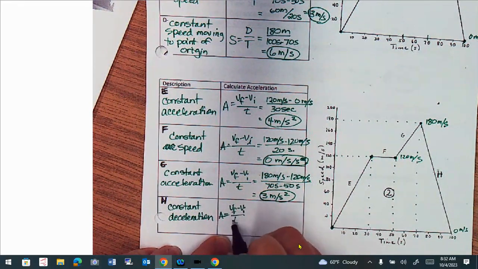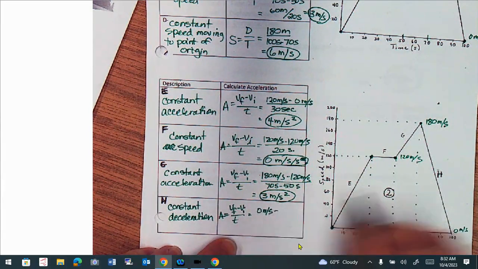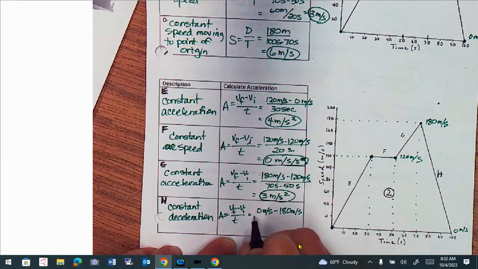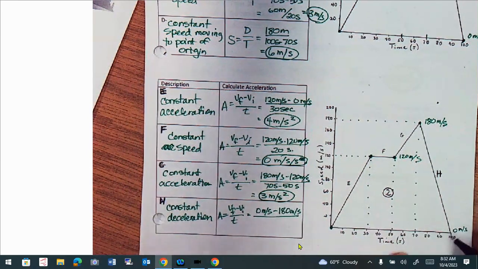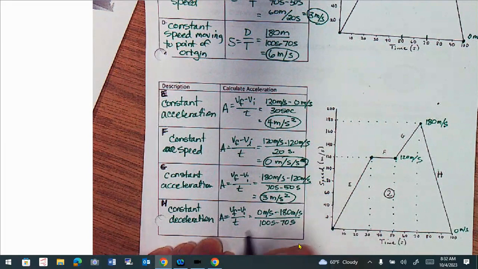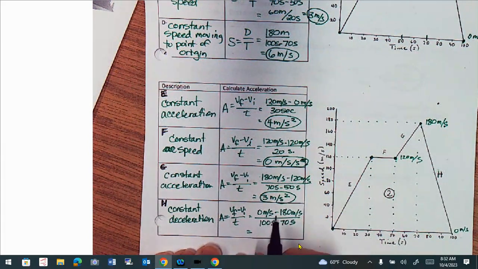Final velocity is 0 meters per second. Initial velocity is 180 meters per second. And the time it took the object to go from 180 meters per second to 0 is the difference between 100 seconds and 70 seconds. And this is a negative 6 meters per second squared.